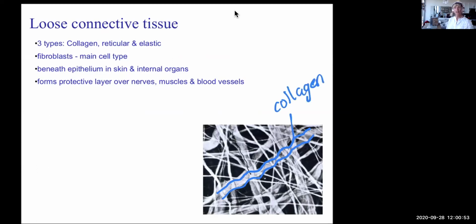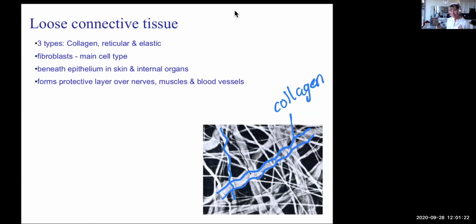So that's one way that you can tell that a fiber is collagen, is because it's wavy. It gives it a little bit of flexibility. And there are other kinds of fibers, like reticular fibers, for example, and these fibers are proteins. They're fibrous proteins. Collagen is a protein.